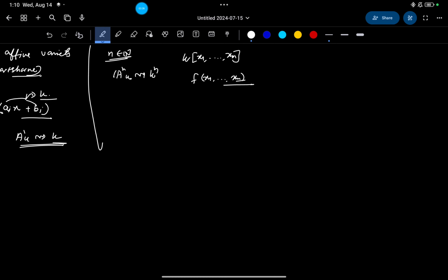Now can we give a characteristic function on this? Means can we express each polynomial as a function, let's say phi_f from A^n(K) to K?